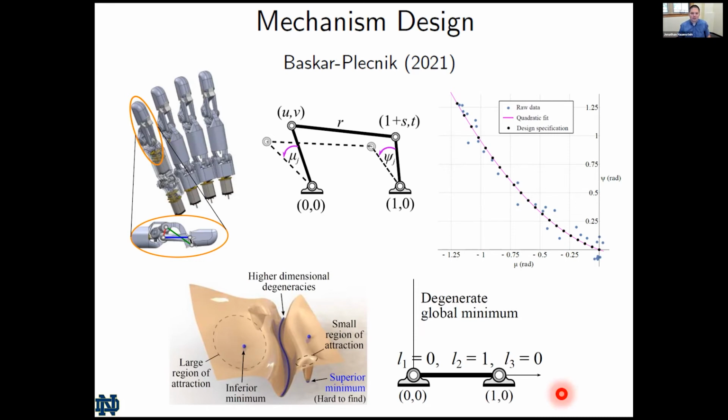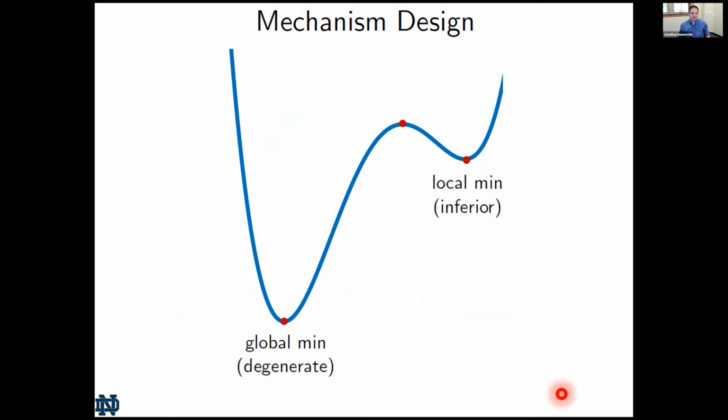And so here's sort of a cartoon of what happens. You have this global minimum down here, which of course is completely degenerate. It can satisfy the conditions, so your fitness is 0. If you just use an optimization solver, you're going to get, of course, the global minima, but you can also get some other local minima, but they're very inferior.